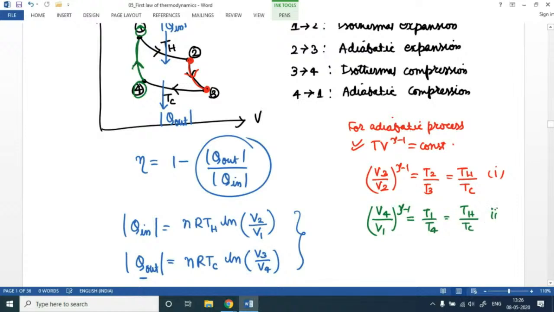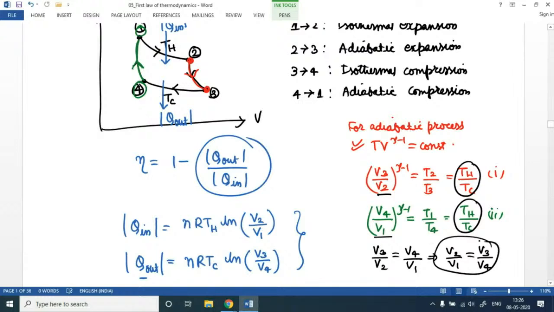So that is equation number 2, and you must understand that the right hand side is same, so that gives us the left hand side will also be same. So simply V3 by V2 would be nothing but V4 by V1 over here, and also you can write it as V2 by V1 is equal to V3 by V4. So this relationship gives that this quantity and this quantity would be exactly same.